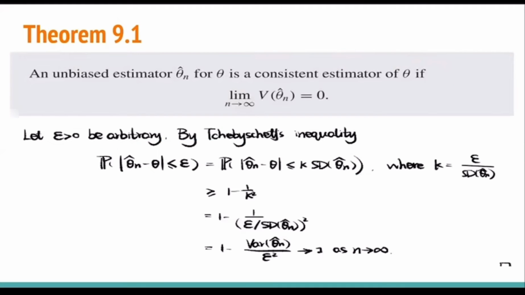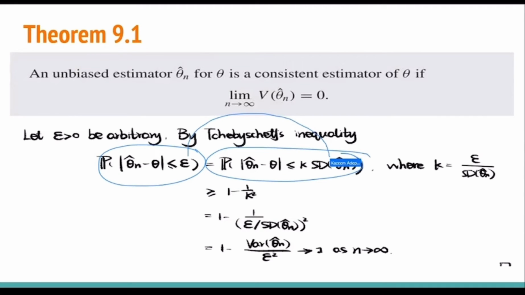In my last class, I showed that the probability of this convergence approaches 1 as n tends to infinity. If you follow what we did in class, you'll see that epsilon is k standard deviations of theta hat, which is the estimator.